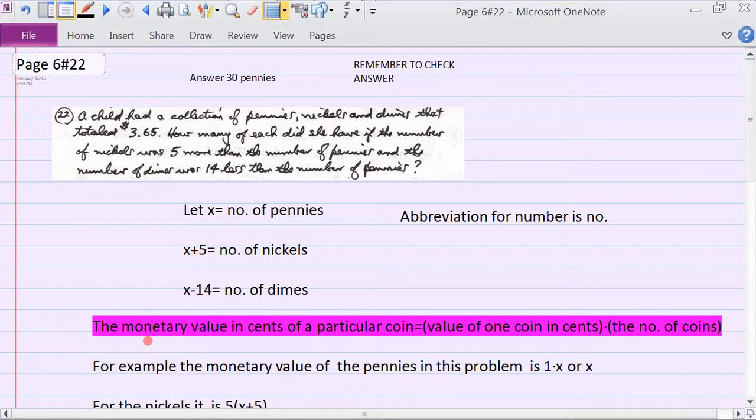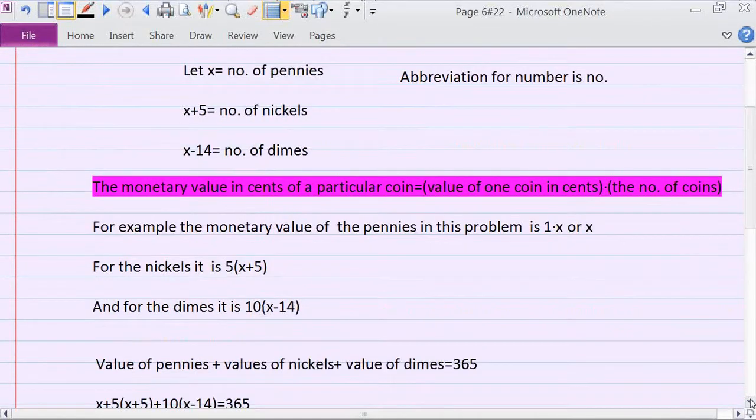Now, if I want the monetary value of each coin, I have to multiply the value of one of each of these coins in cents times the number of coins. So how do I apply that? In the case of the monetary value of the pennies, the value of one coin, a penny, is 1 cent, and I have X number of coins.